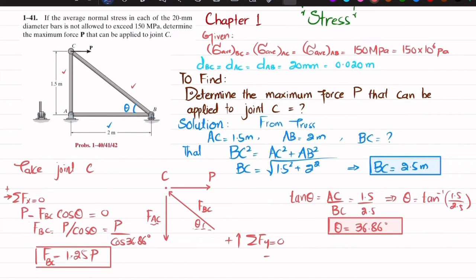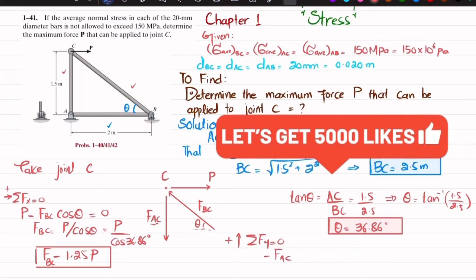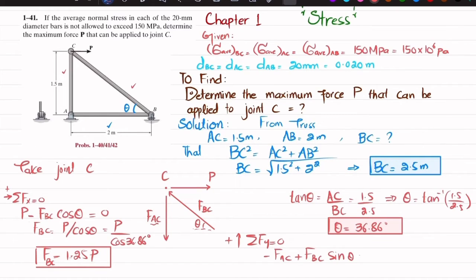So I will write minus FAC plus FBC sine theta equals 0.